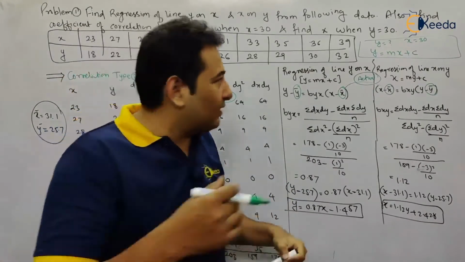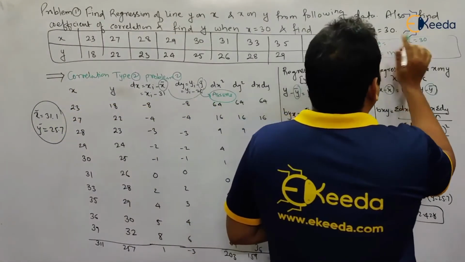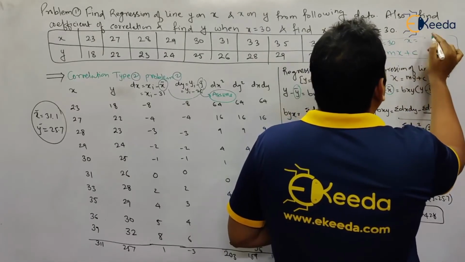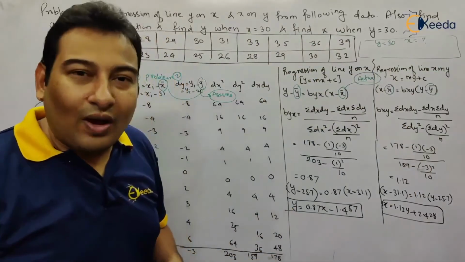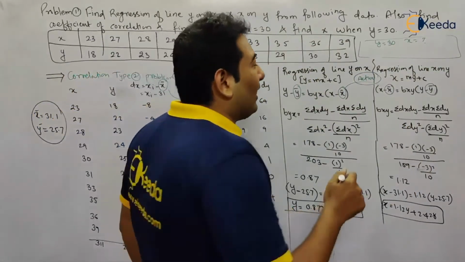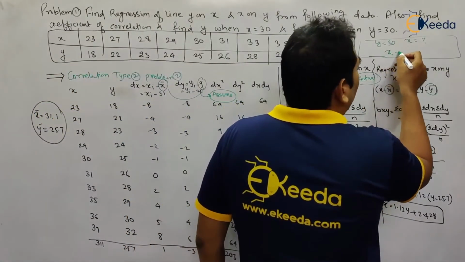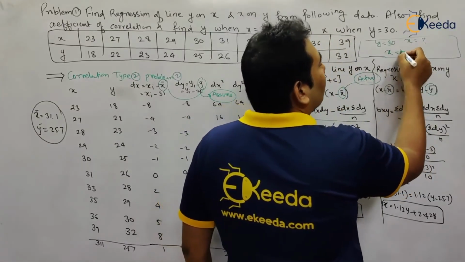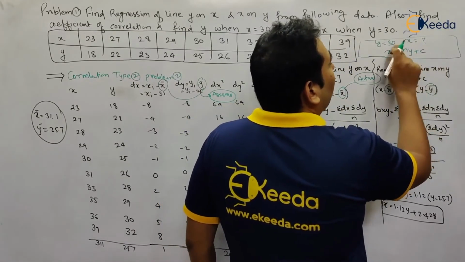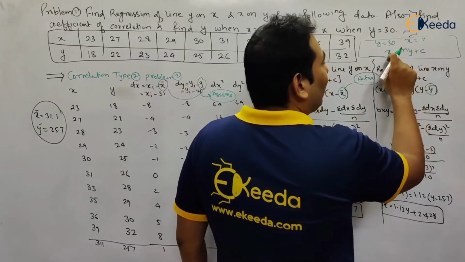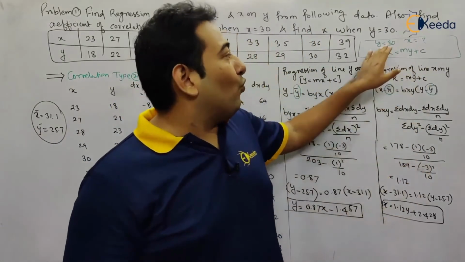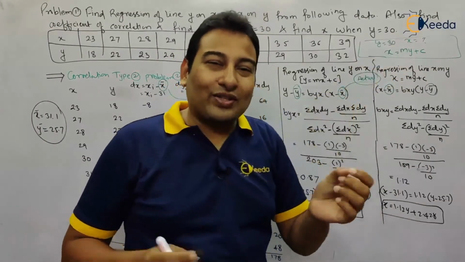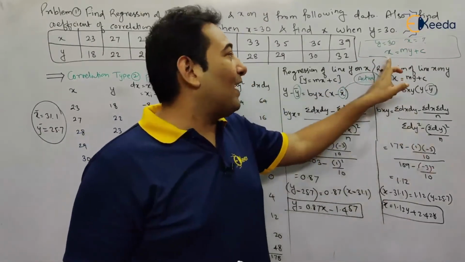Let us take the other case. For example, suppose y is given and we need to find x. So we need to find x and y is given. So y we're going to put here and we're going to get the value of x. That means if y is given and we need to find x, it is simply a regression of line x on y.